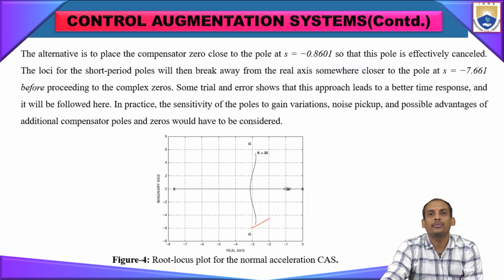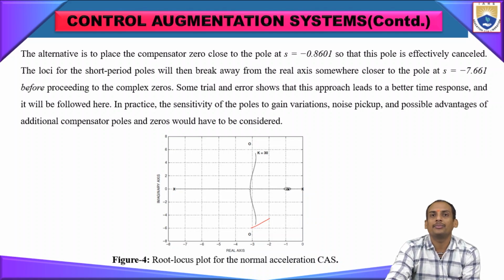The alternative place for the compensator zero is close to s equal to minus 0.86, where the pole is effectively cancelled. The locus of the short period pole will break away from the real axis somewhere close to the pole at s equal to minus 7.661.